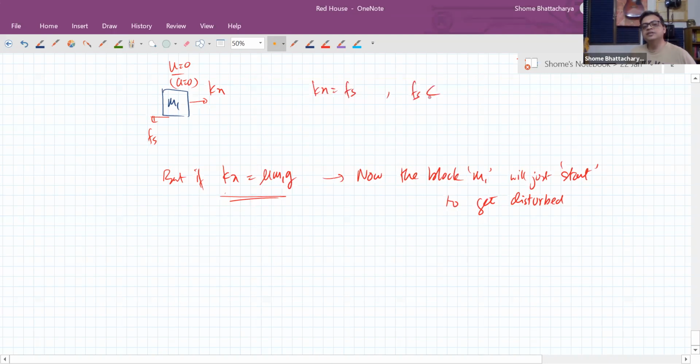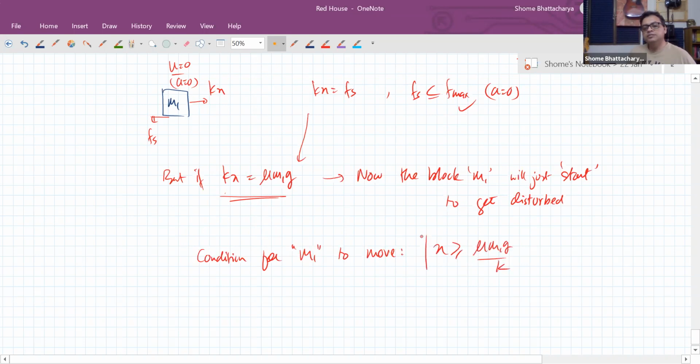As long as static friction is less than the maximum value, it's fine, acceleration will be 0. But the moment it reaches the limiting value, the condition for M1 to move is that x should be greater than or equal to mu M1g by k. Just about equality is also fine.